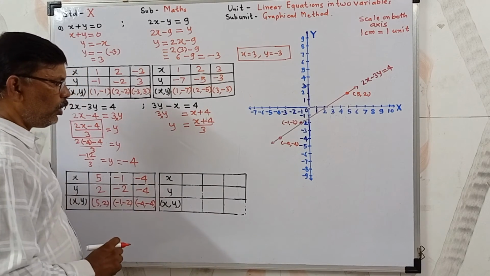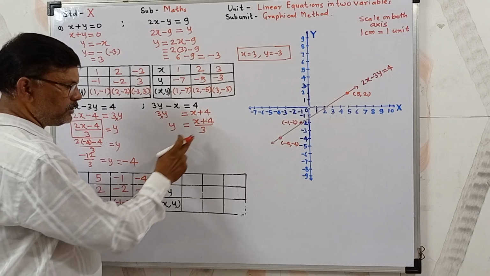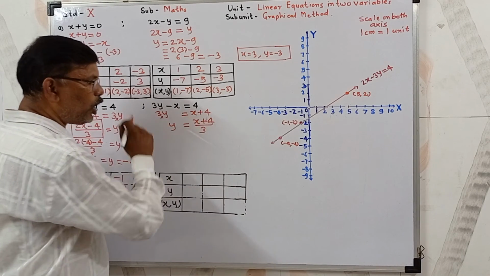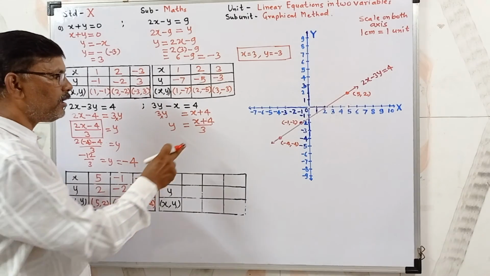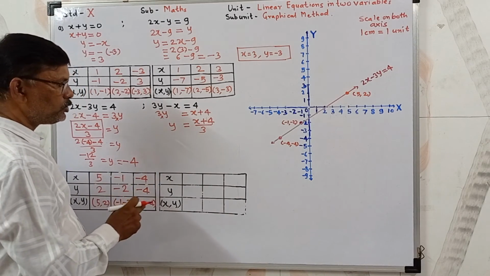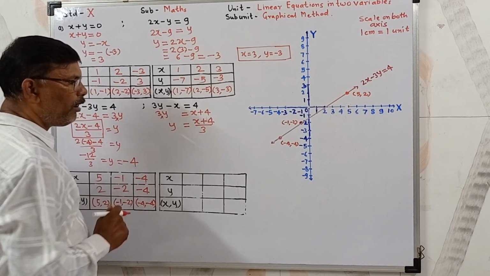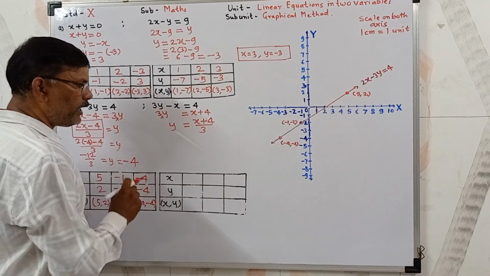Here also, this is the denominator and this is the numerator, so the value of the numerator must be a multiple of 3. Which value of x do we put here?